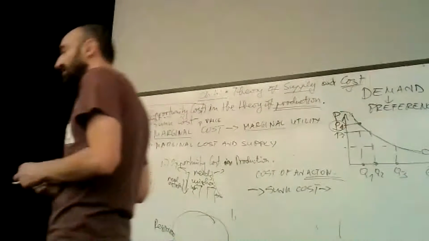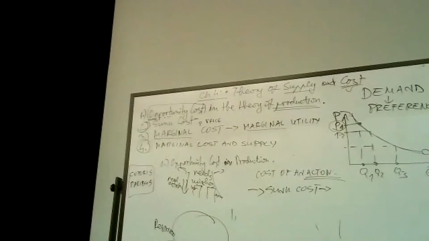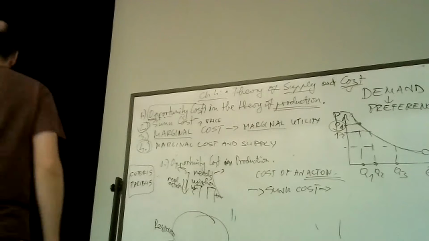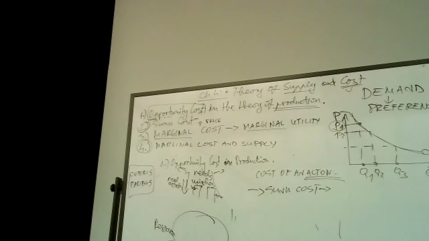Once you pay the price of something, the cost is gone. The cost of the lasagna was a copy of the Wall Street Journal that you could have bought at that point, for example. You decided to buy a lasagna, now everything that you do with it is costless. Or it may not be costless. Let's say you're thinking whether to throw it in a garbage can. What could be the cost of that action? It's not the $5 that you paid for it. The true cost is actually the second best alternative use.